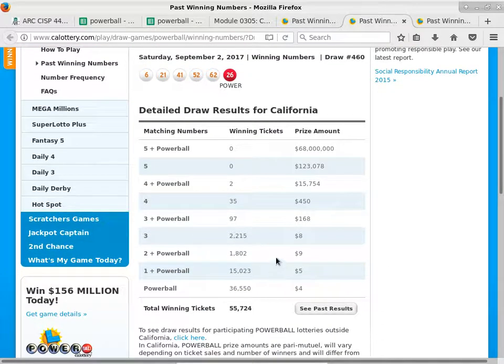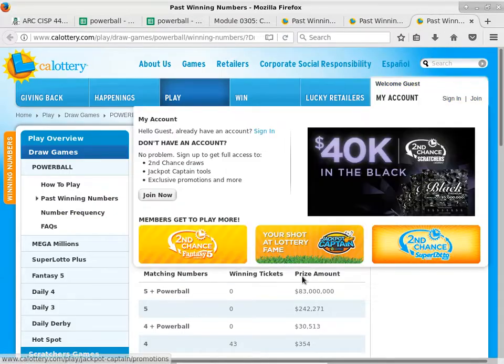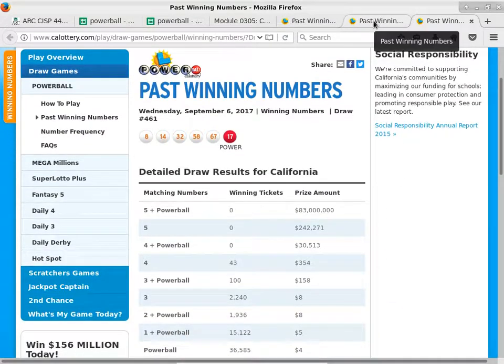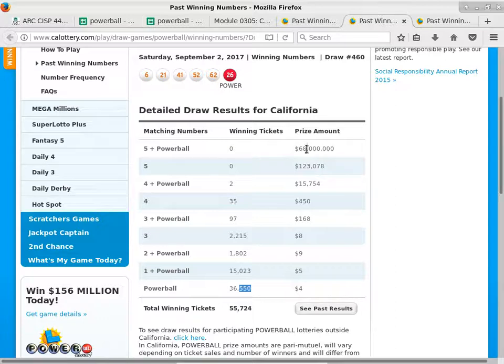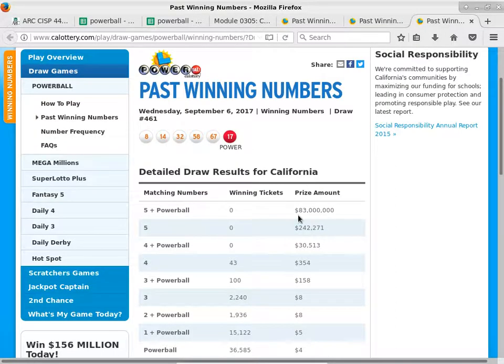From this one you can calculate the payoff, and from this number you can project how many tickets were sold. With the following draw, you can see the prize money went from 68 million to 83 million. So they probably made about $20 million of profit from the week before. That just gets stacked onto the second, minus the administrative fees and whatnot. So that's the way they do it.